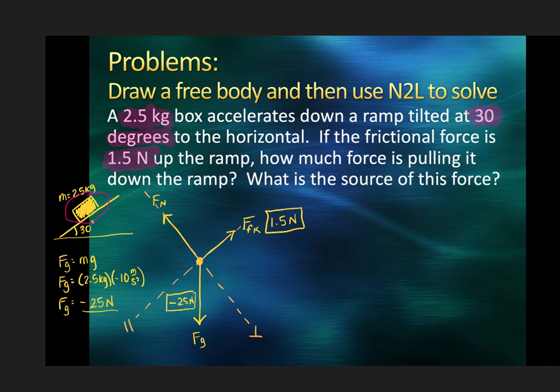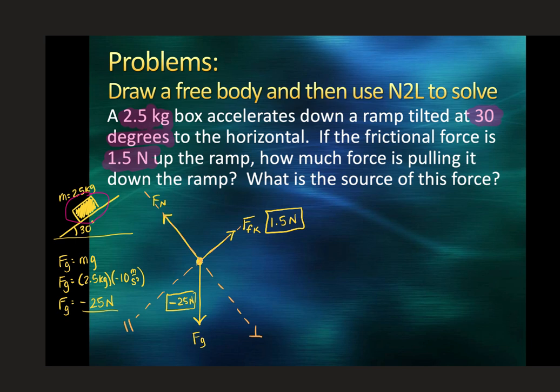And I'm actually going to mark my vector components that way on my gravitational vector too. And you will see this is pretty common. Whatever works for you. If it helps you to keep x and y in your brain, you can always use that. If it helps you to use perpendicular and parallel, you can always use that. There's no one way that is more correct.